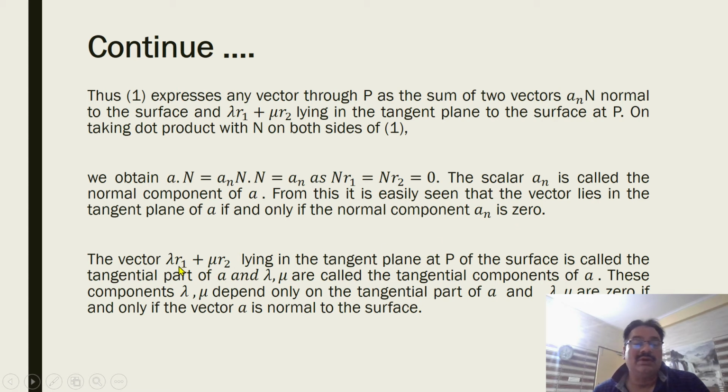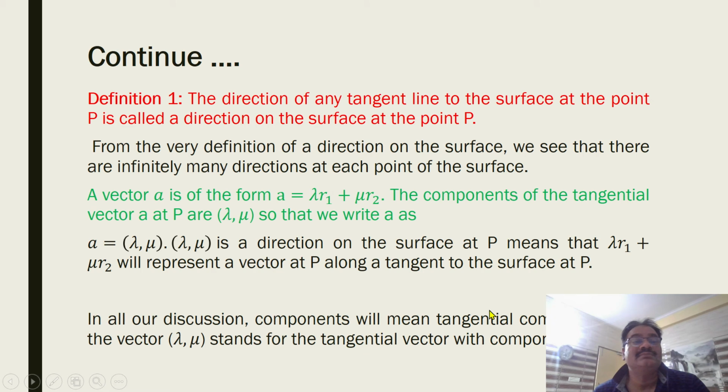The vector lambda r1 plus mu r2 lying in the tangent plane at P of the surface is called the tangential part of A, and lambda, mu are called the tangential components of A. These components lambda, mu depend only on the tangential part of A, and lambda, mu are 0 if and only if the vector A is normal to the surface.